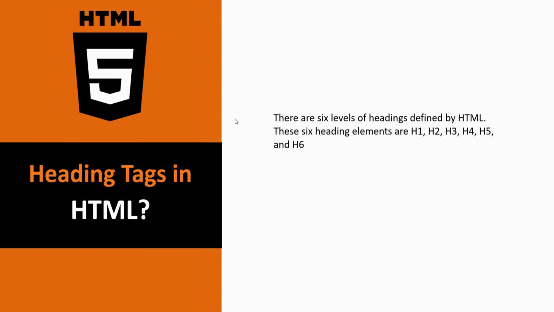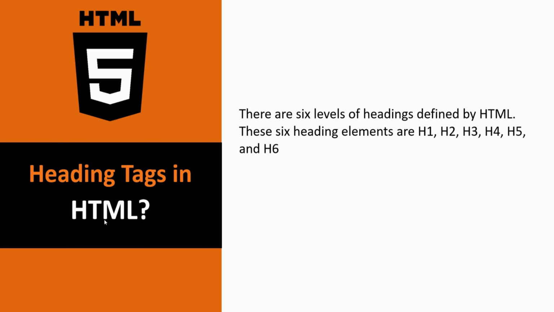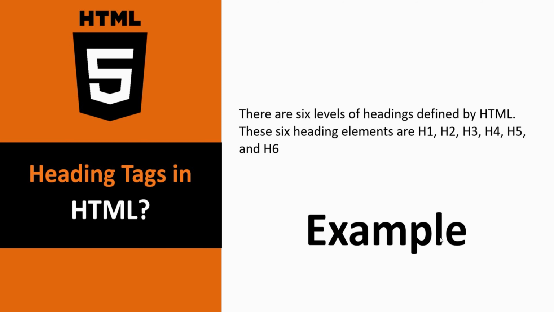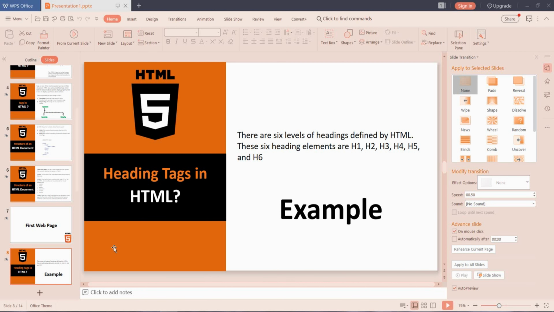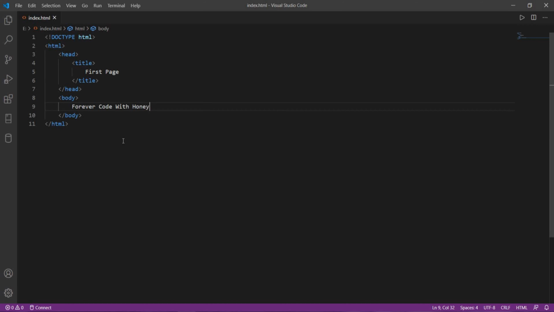Heading tags in HTML. There are 6 levels of heading defined by HTML. These 6 heading elements are H1, H2, H3, H4, H5 and H6. Now we will see the example of this. We will write our channel name with all the heading tags.